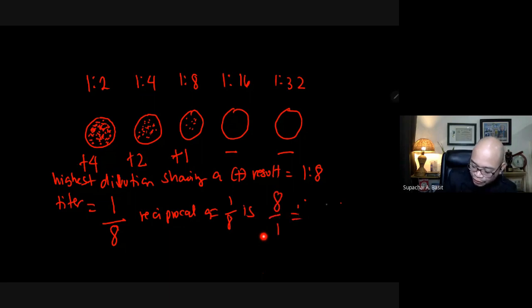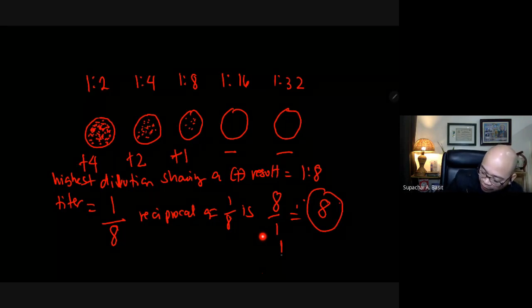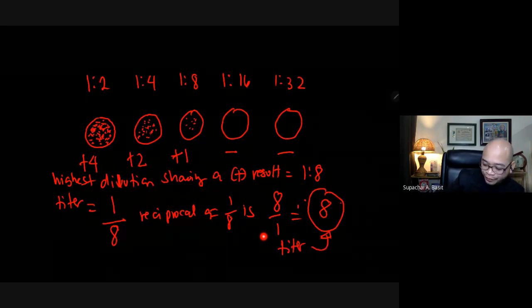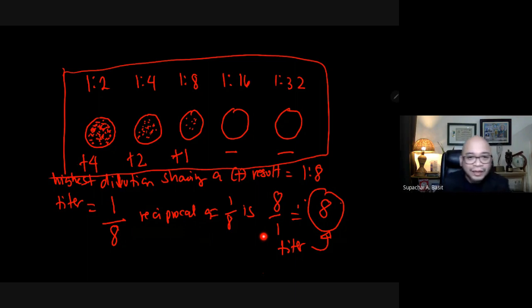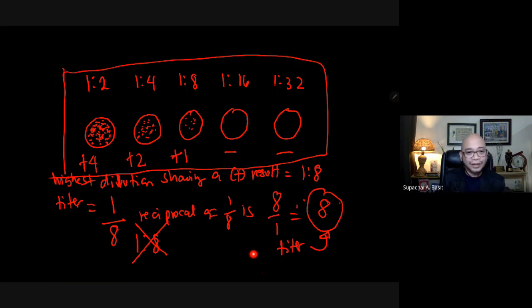8:1 or simply 8. So if I ask you, what is the titer? You should answer 8. If, for example, in this particular problem, I ask you, what is the titer, and then you answer 1:8, that is wrong. 1:8 is not a titer. 1:8 is the dilution.